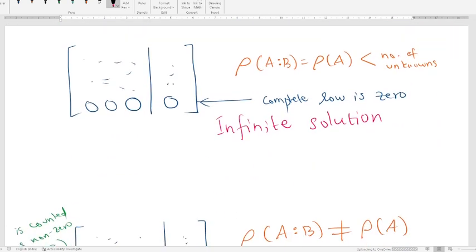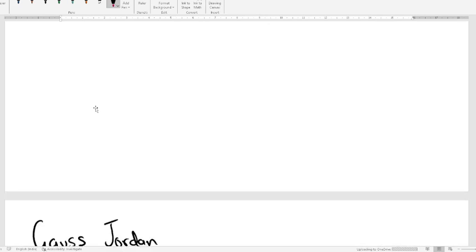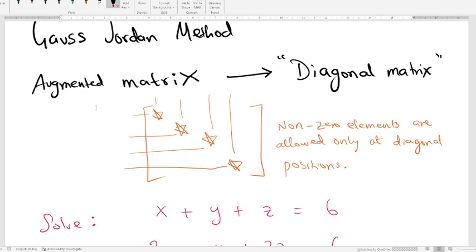Then we looked at the Gauss-Jordan method. In the Gauss-Jordan method, the augmented matrix has to be transformed into not only an upper triangular matrix, but a diagonal matrix. A diagonal matrix is a matrix in which non-zero elements are allowed only at diagonal positions. Only the diagonal elements can be non-zero.